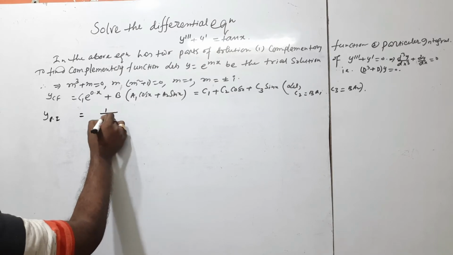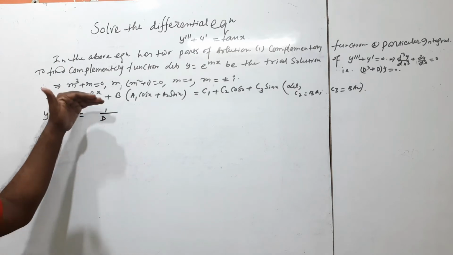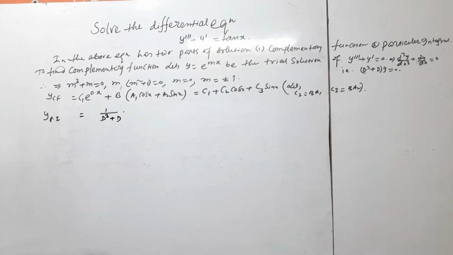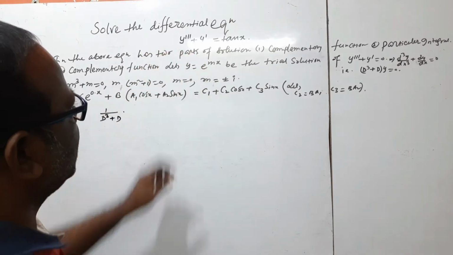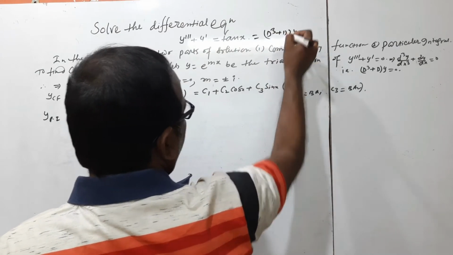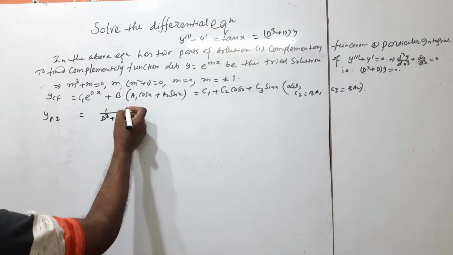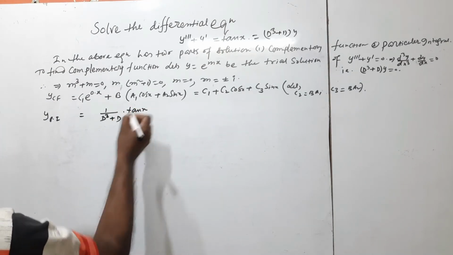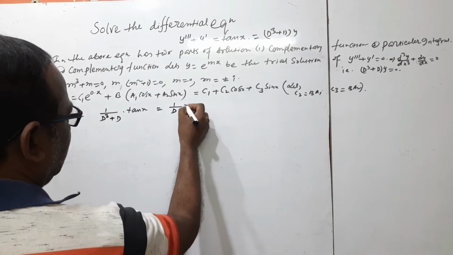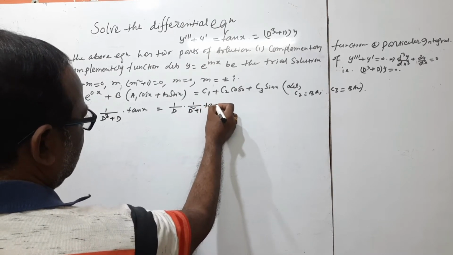That is equal to 1 over (D^3 + D) tan x. Now take D common here, that is 1/D times 1/(D^2 + 1) tan x.